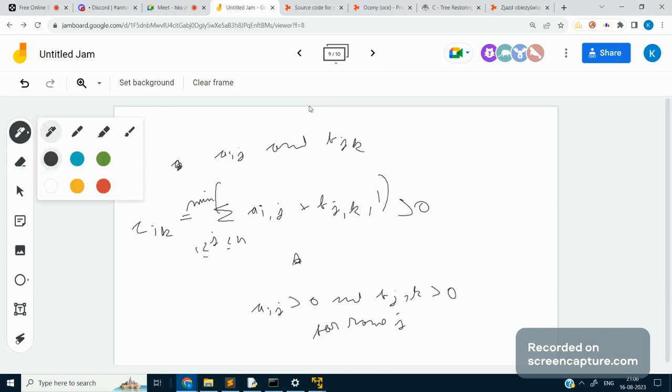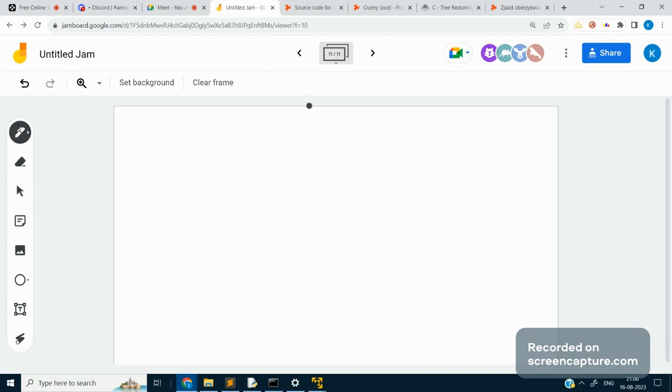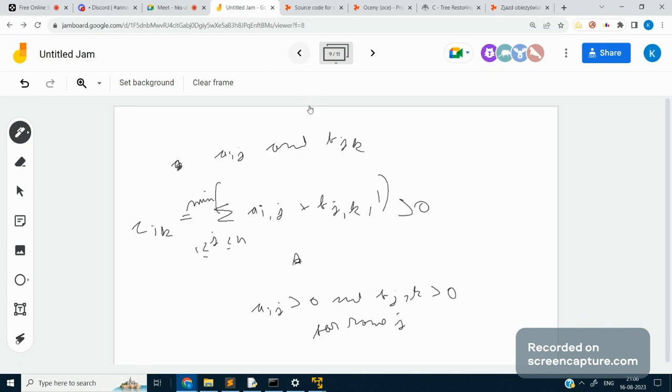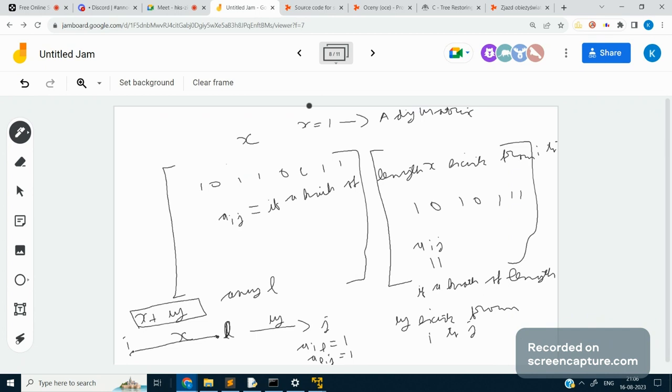Also, one more thing I want to mention: let the adjacency matrix be A. So this is A to the power x, this is A to the power y, and this actually is A to the power x plus y.